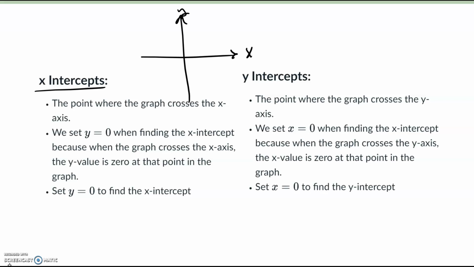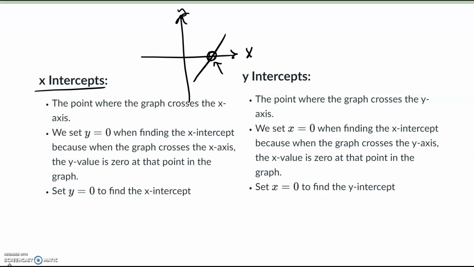So if I have a graph that crosses the x-axis, say right here, then that point right there where the graph crosses the x-axis is the x-intercept.